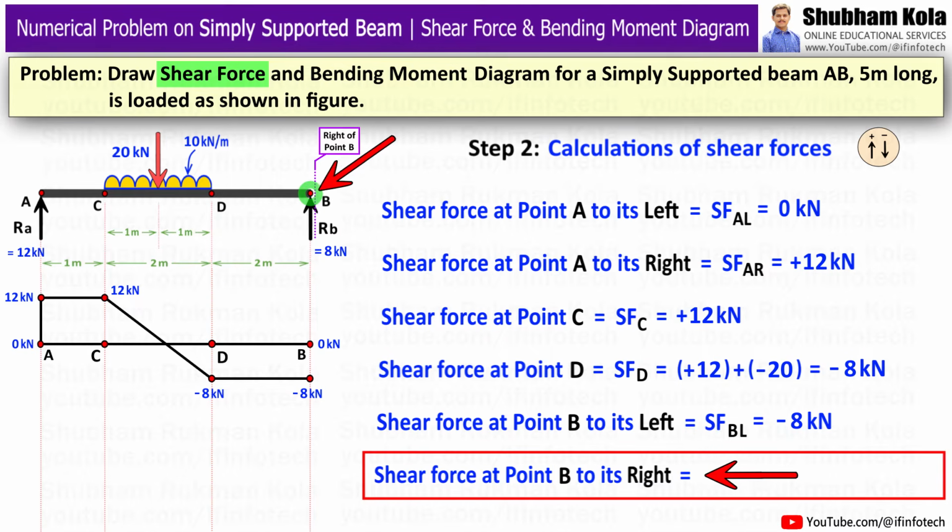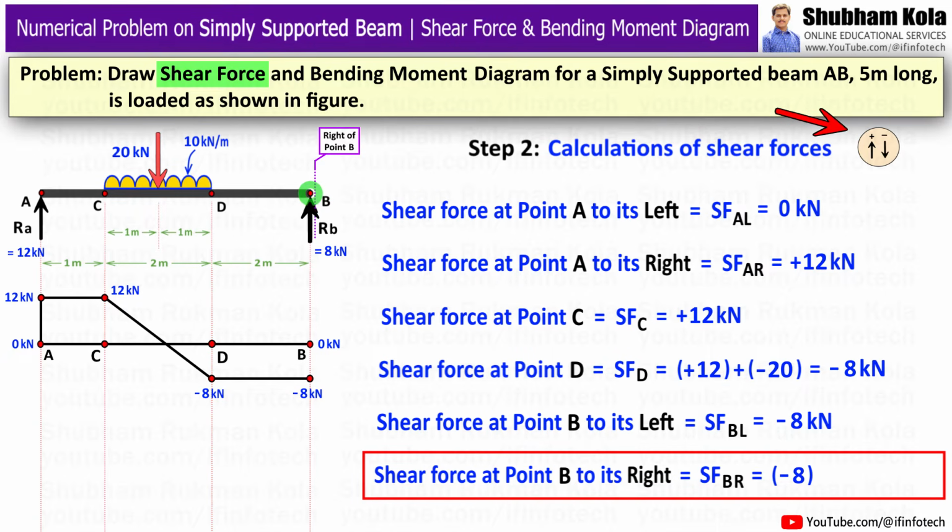Now next to calculate shear force at point B to its right, that is SF at point B to its right equal to, So here I'll carry forward previous value of shear force up to point B to its left, which is minus 8 kilonewton. And when we go to the right side of point B, then there is reaction force RB of 8 kilonewton, which is acting on the beam in upward direction.